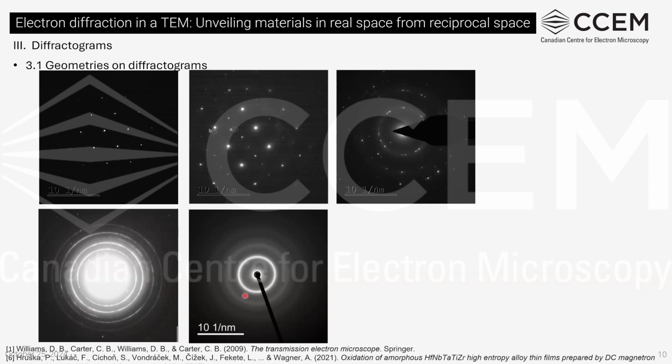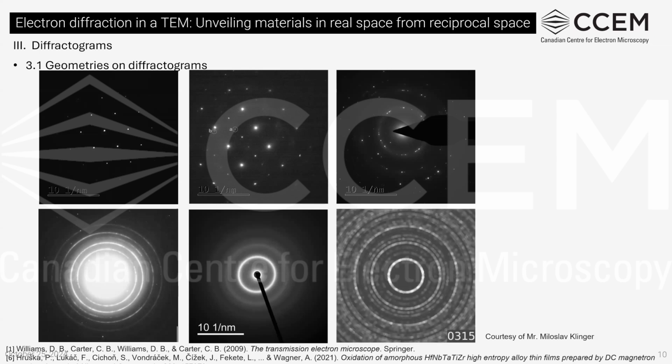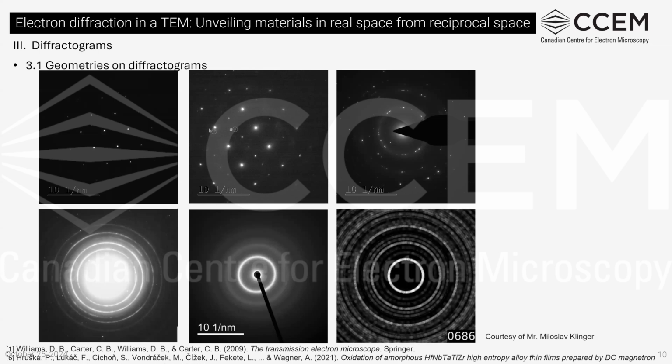And if the material is amorphous, you get continuous rings. So the geometry of a diffractogram depends on the crystallographic structure, the orientation, the texture, etc. of the material.